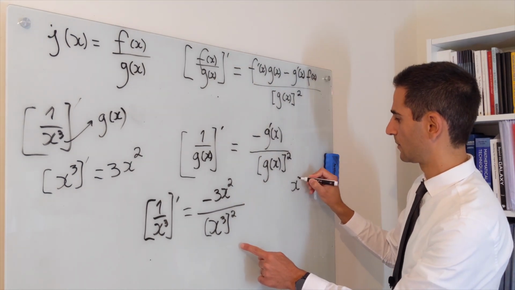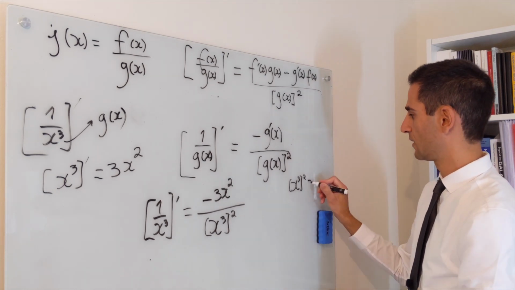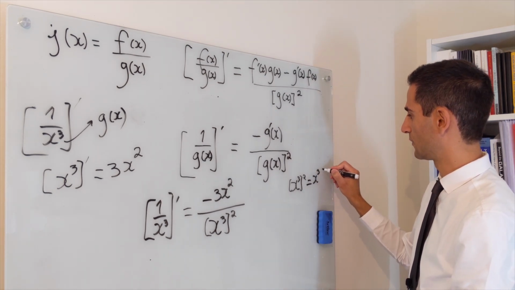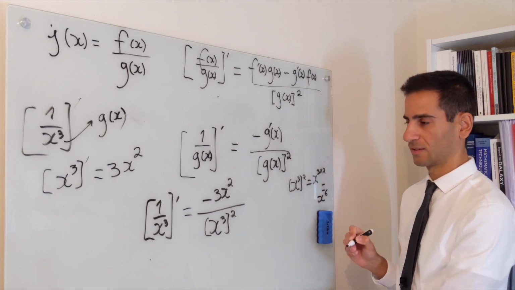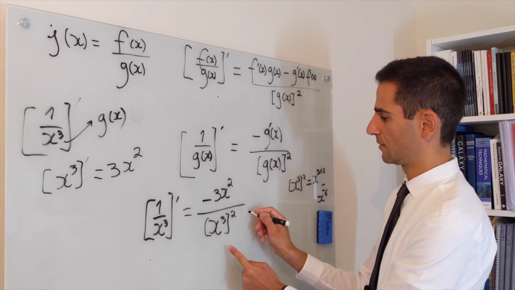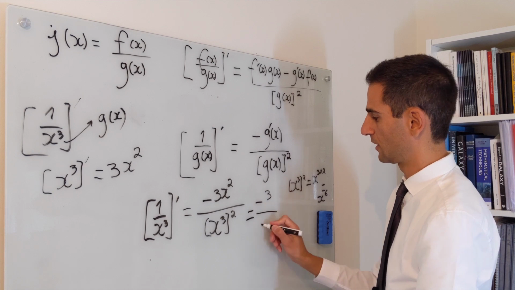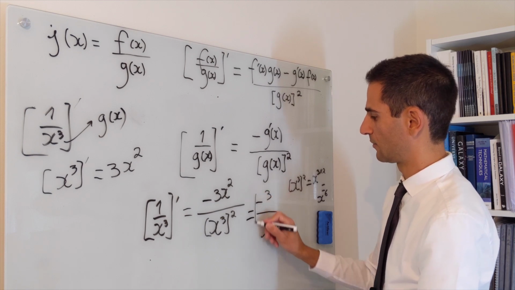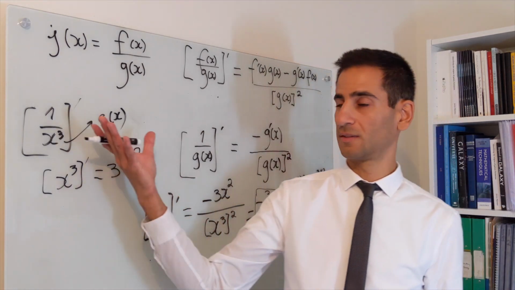X to the power of 3 to the power of 2 is the same as writing x to the power of 3 times 2, which is x to the power of 6. We can then cancel out 2, and we end up with the final answer, which is minus 3 over x to the power of 4. And it means we've shown how to use the reciprocal rule.